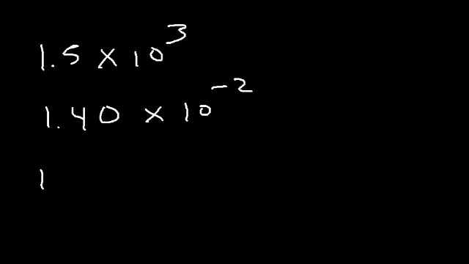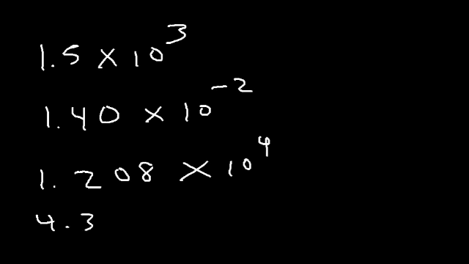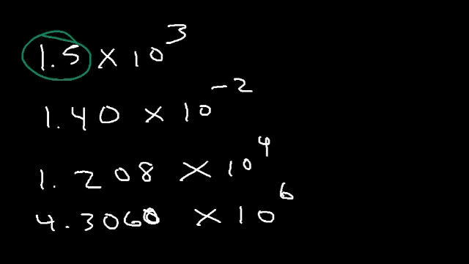Now what about for scientific notation? How many sig figs are there in these numbers? Because we have a decimal point, those two numbers, any zeros to the right will be counted. So this is 2 sig figs.